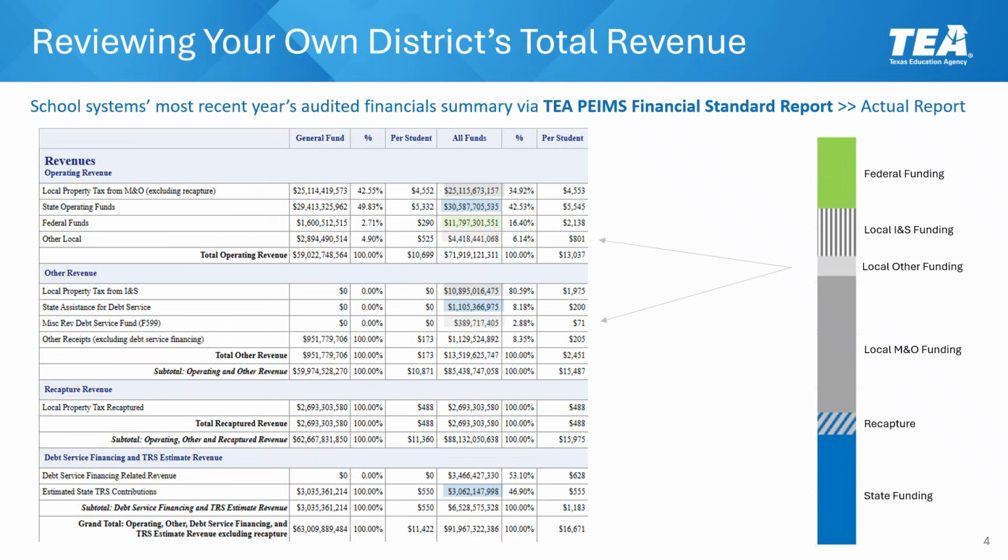And then for local other funding, that's the two highlighted in the very light shade of gray. That includes mostly interest income, fees that you may charge, or facility rentals. And then lastly is the local property taxes from I&S.